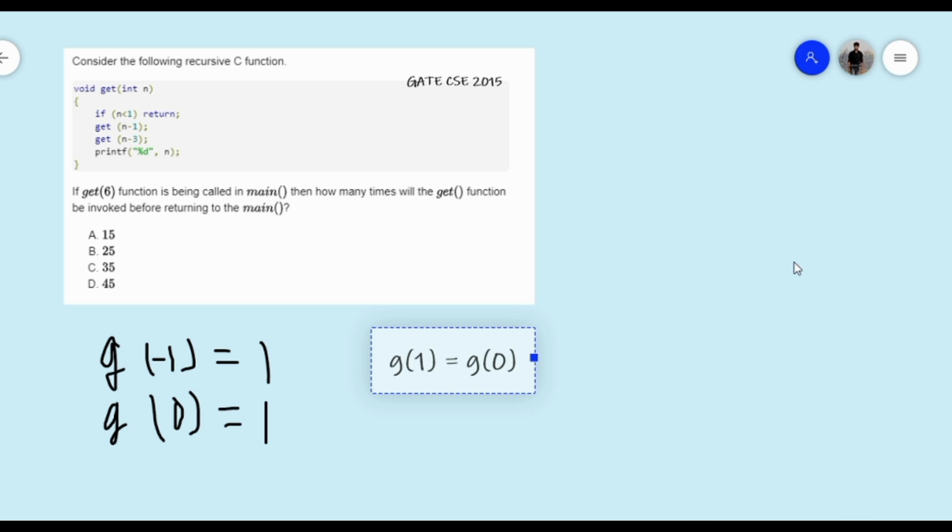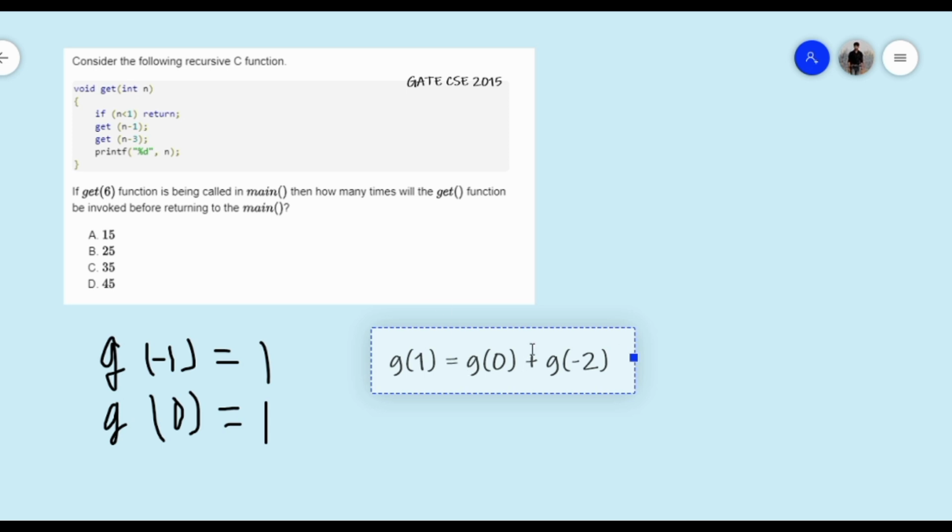And another call will be n minus 3. 1 minus 3 will be g of -2. Of course, the printf statement we leave, because we are considering only how many times this get function will be invoked.